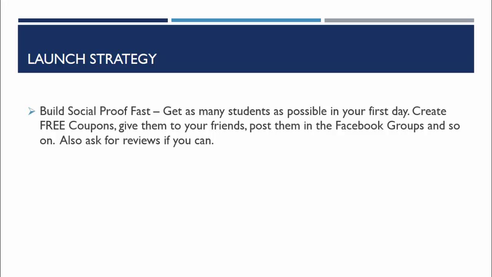Get as many students as possible in your first day, as I've told you when we talked about the factors that influence trending. Create free coupons, because you can do that. I will show you exactly how. Give them to your friends, post them in Facebook groups and so on. Also ask for reviews from your friends and from people you give the coupons to, because as I've told you, it will help your class trend.